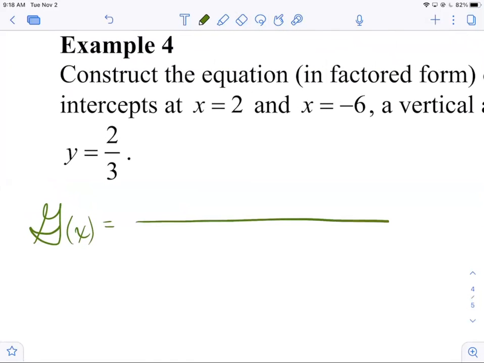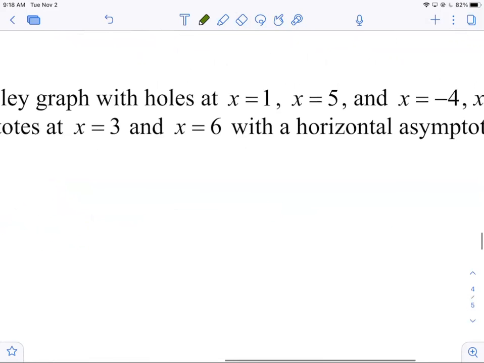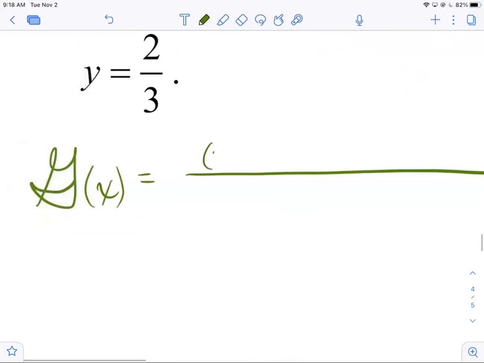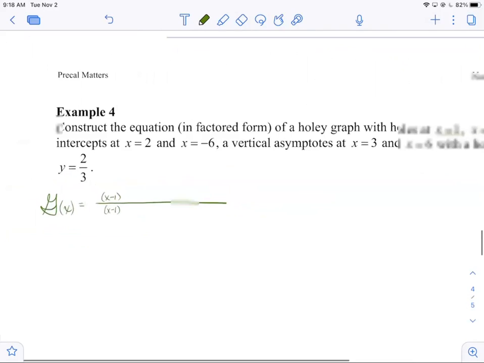All right. I know it's going to be a quotient. So to have a hole at x equals 1, I need a corresponding factor of what? Not -1. X minus 1. And I need it in the top and I need it in the bottom, because that's how you generate a hole.